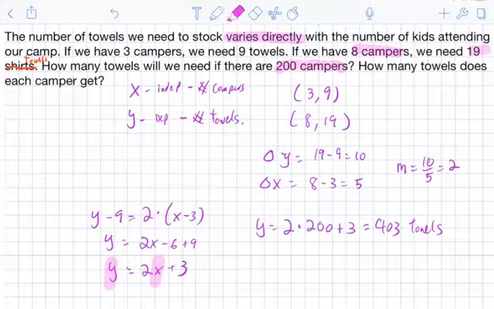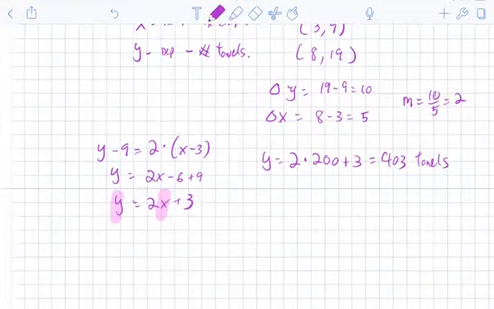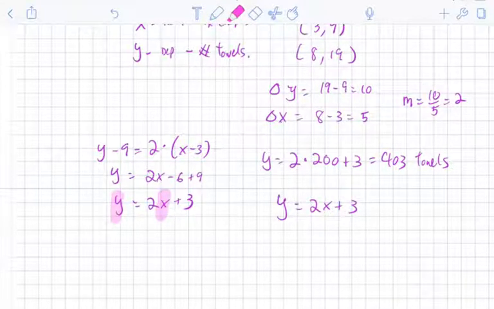How many towels does each camper get? Let's look at this equation, because this equation's fun. If x is the number of campers and y is the number of towels, then each camper gets 2 towels.